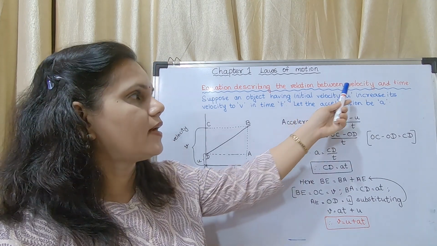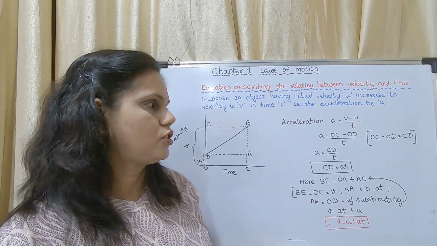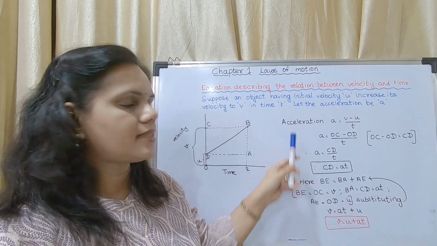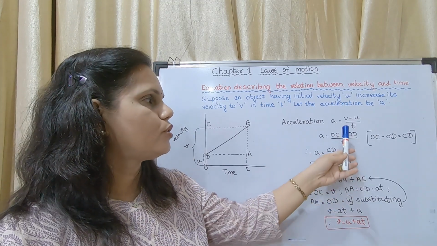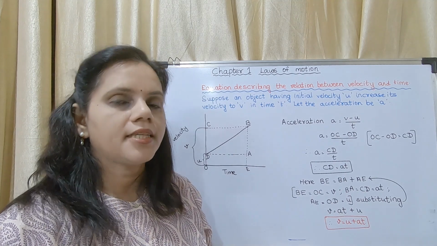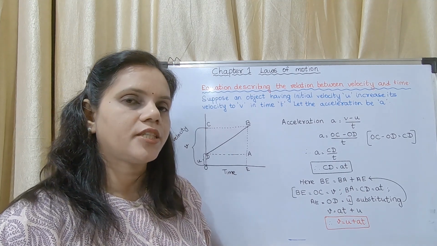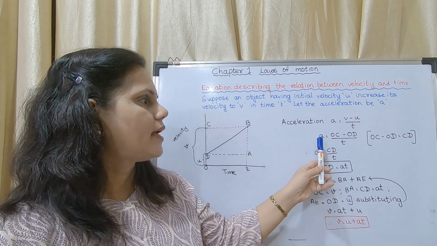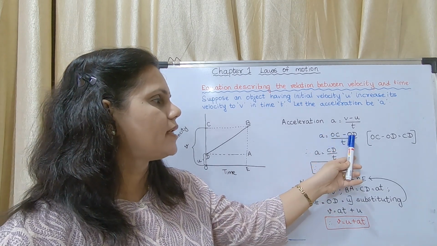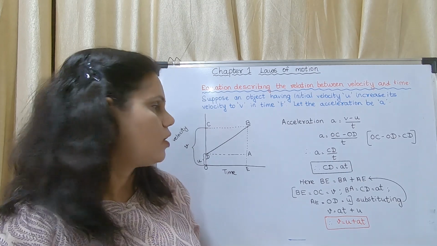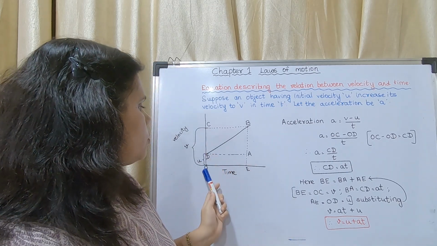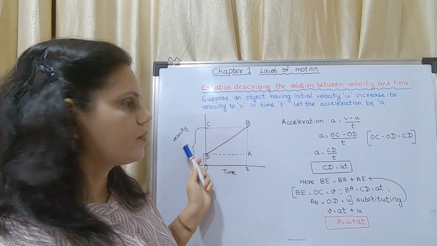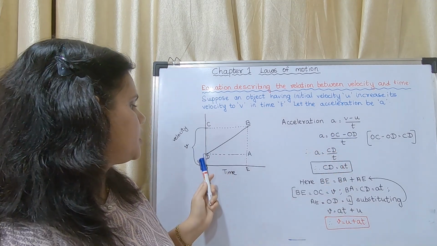This equation is a velocity time relationship. Acceleration a is equal to v minus u upon t. We know this equation. So a is equal to OC minus OD upon t, where OC is v and OD is u.